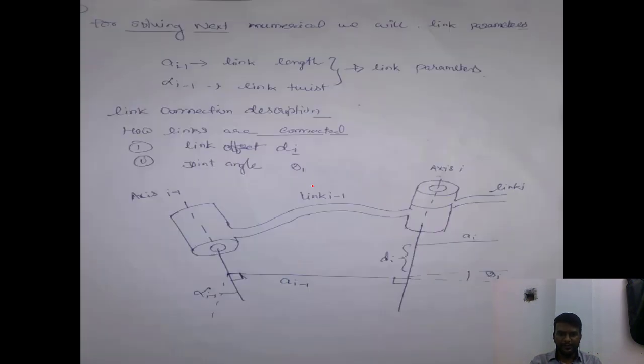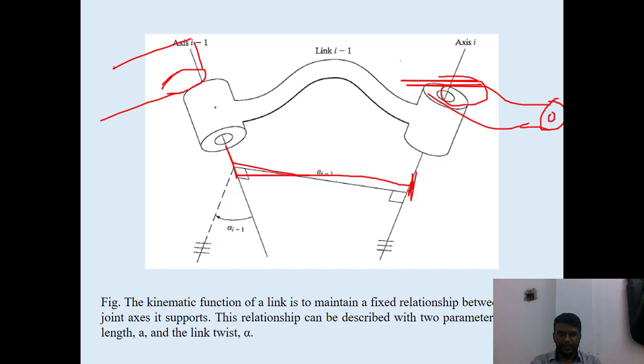In this case, how we define it is, there are two axes here, axis i minus 1 and axis i, and the link length is given as a i minus 1. This joint i minus 1 axis is the axis of rotation.